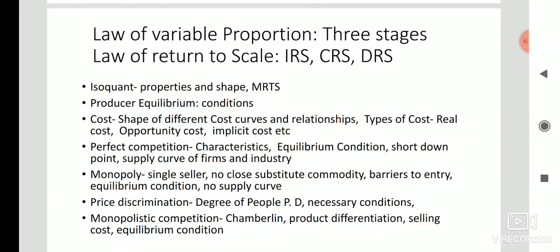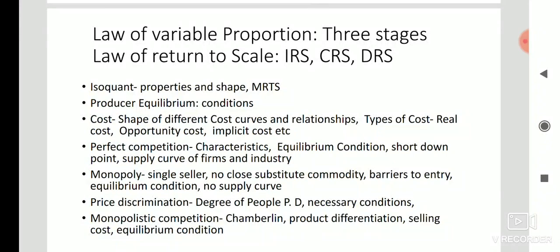And in the first stage, the stage of increasing returns, our total product increases at an increasing rate, marginal product also increases, average product also increases, and marginal product is greater than average product.